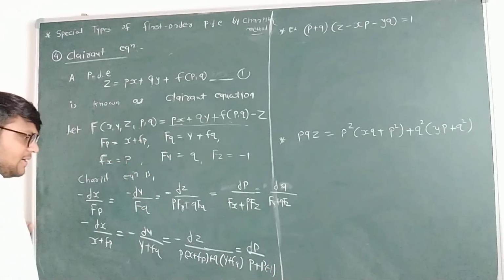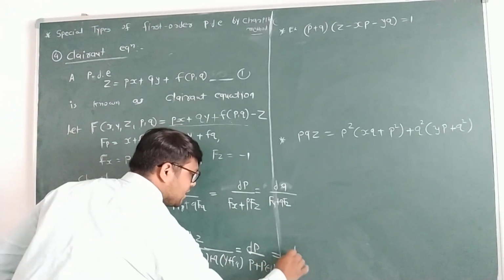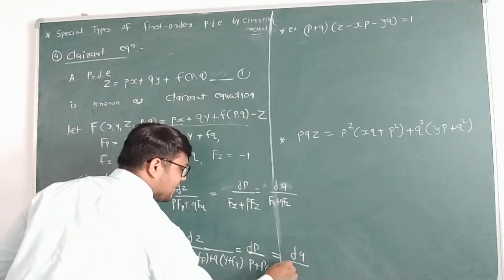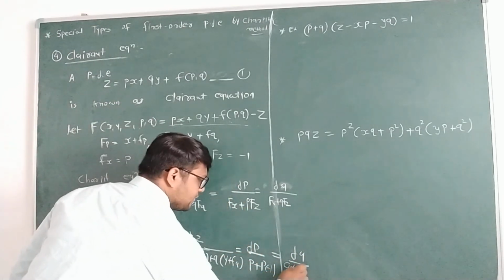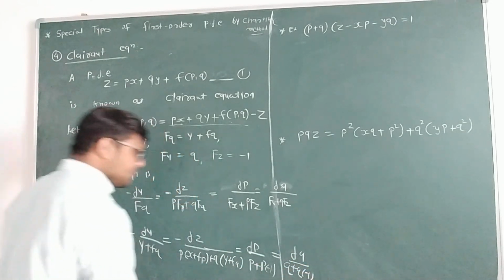So p plus p into minus 1 equals dq by fy, fy is q, plus q into fz, fz is minus 1.